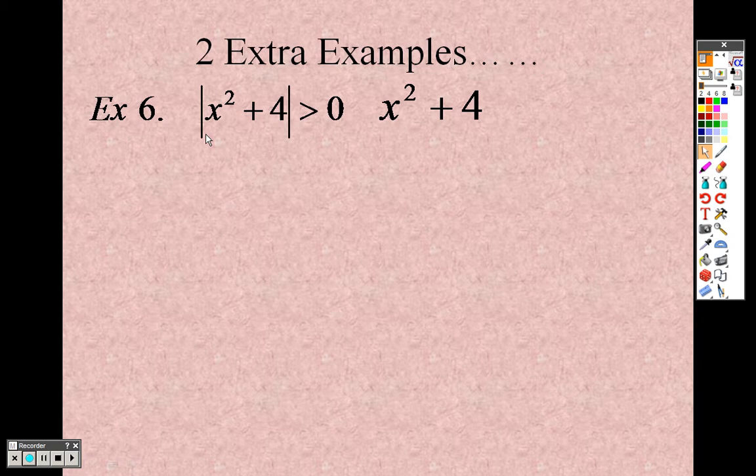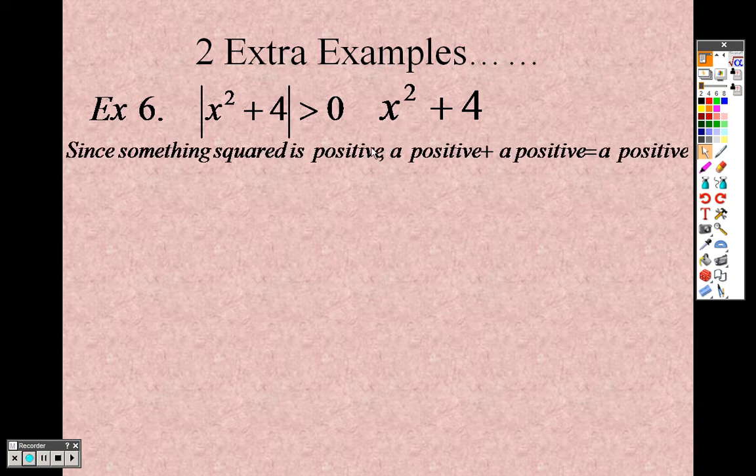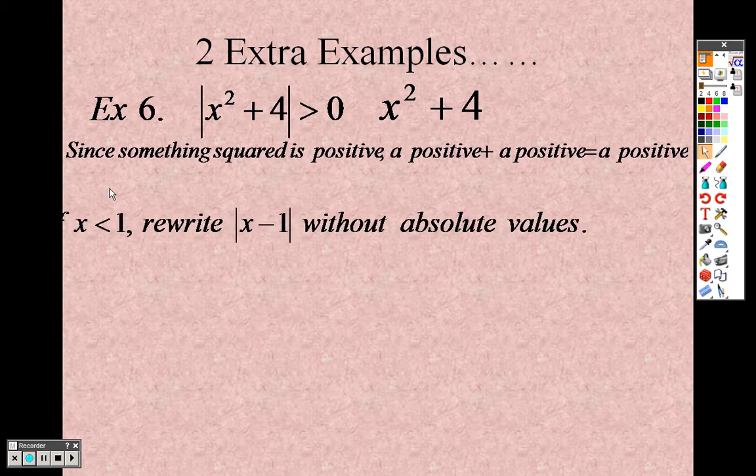The point we're getting at is, no matter what you put in for x, this is always going to be positive plus a positive. So a positive plus a positive, the answer is always going to be positive. So the absolute value of this number is always going to be positive. Since something squared is positive, a positive plus a positive is going to be a positive. That's basically what I'm getting at there.